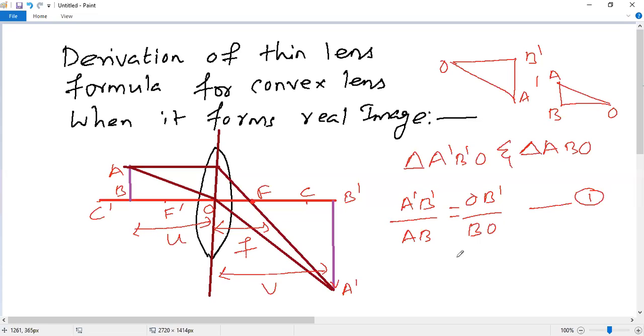Now we go for the second step. That is one more triangle, triangle A dash B dash F from the focus.